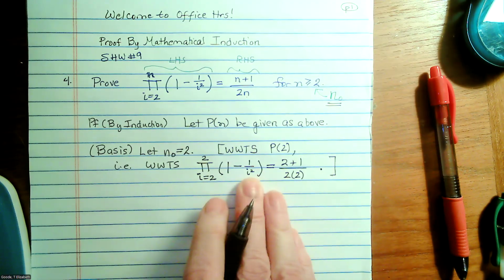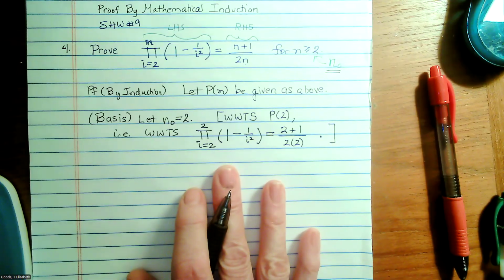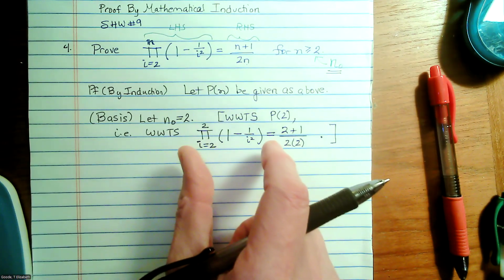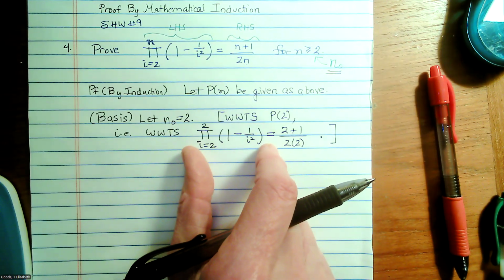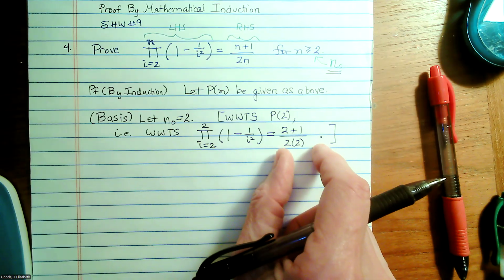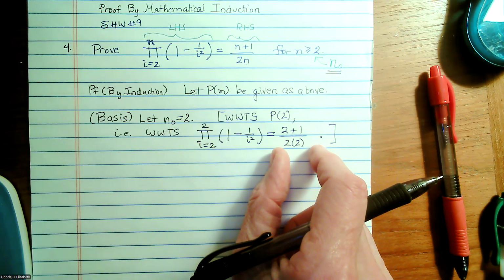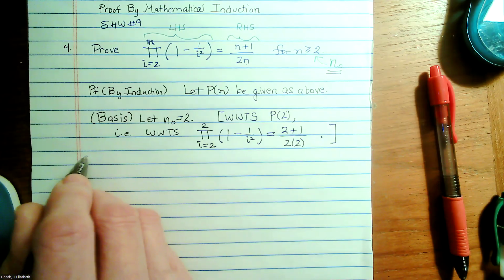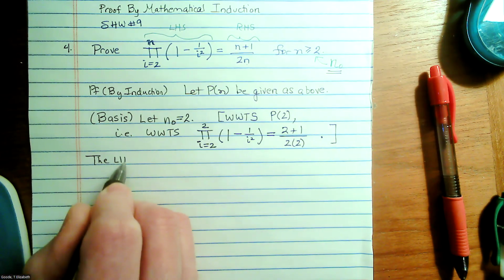Now we can't start with that equation. When we wish to show the equation, we're going to look at the left-hand side and figure out what it's equal to. And then we're going to compare that to what the right-hand side equals, right? So what is the left-hand side of P of 2?